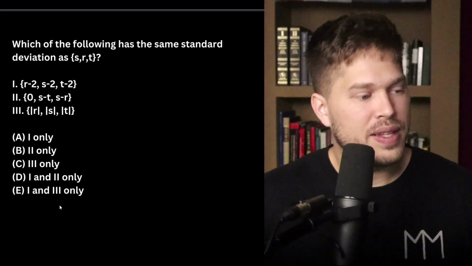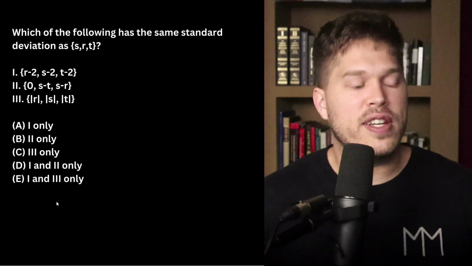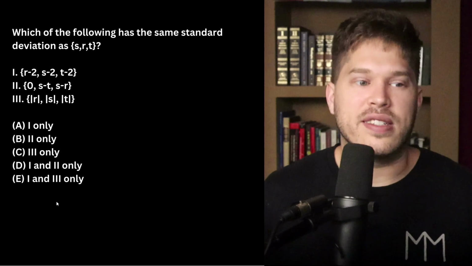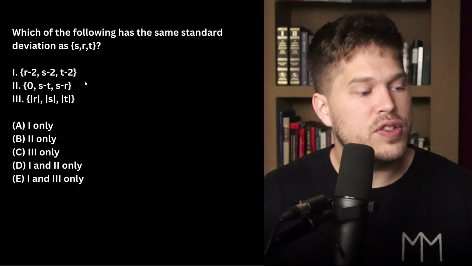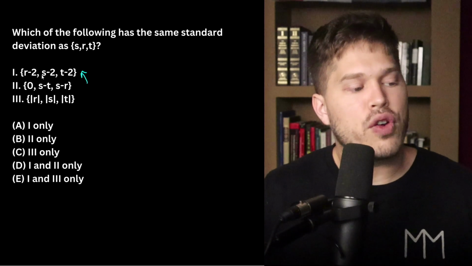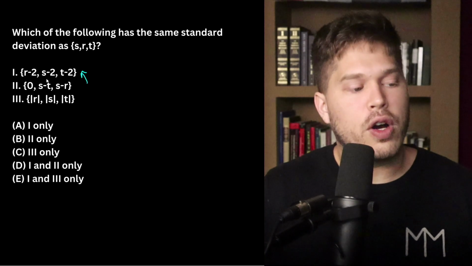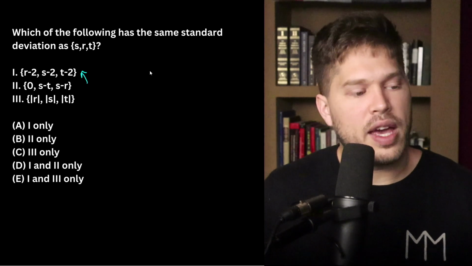Next question. Which of the following has the same standard deviation as S, R, and T? So let's look at option 1. Option 1 is just subtracting 2 from each of our values. Our values are reordered, but that's okay.